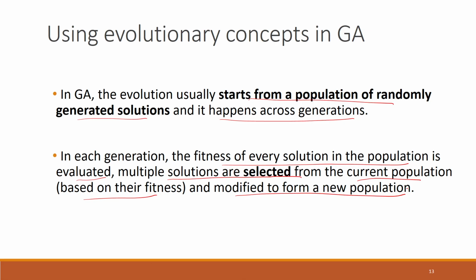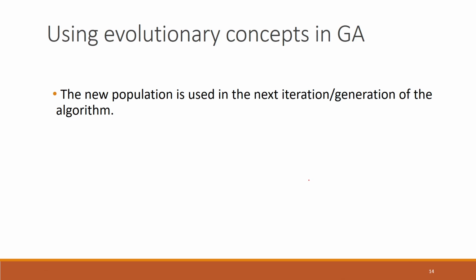This is analogous to the concept of differential reproduction, that the solutions that are fitter have a higher likelihood of getting passed on to the next population or next generation. And then this new population that we obtained after selection is used in the next iteration or generation of the algorithm.